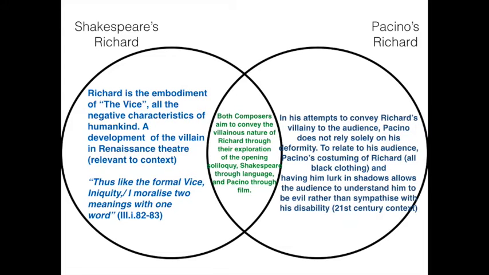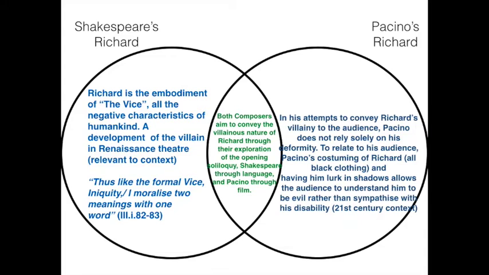So during that point in time, when they were conveying different types of characters, the vice are basically certain characteristics of humankind that are negative. So it could be gambling, or someone who likes to gossip, or someone who is manipulative, and all those different negative attributes of humankind. And so Shakespeare, when he portrays Richard, says that he is the vice.